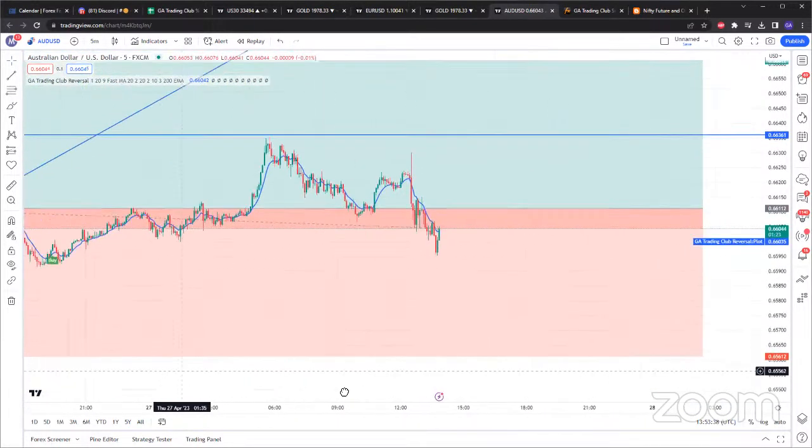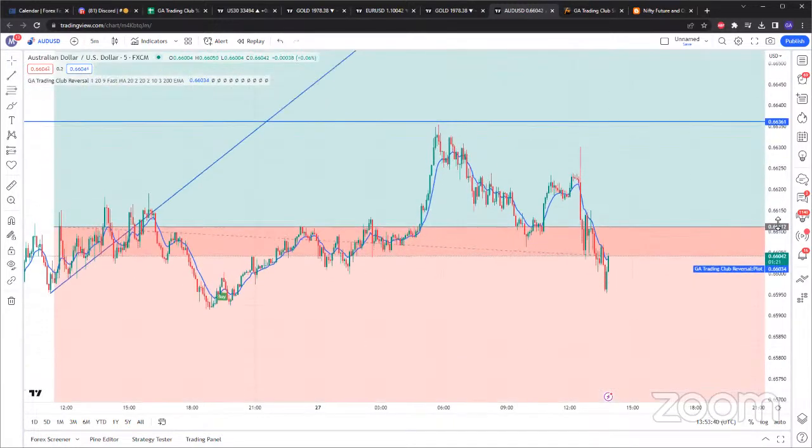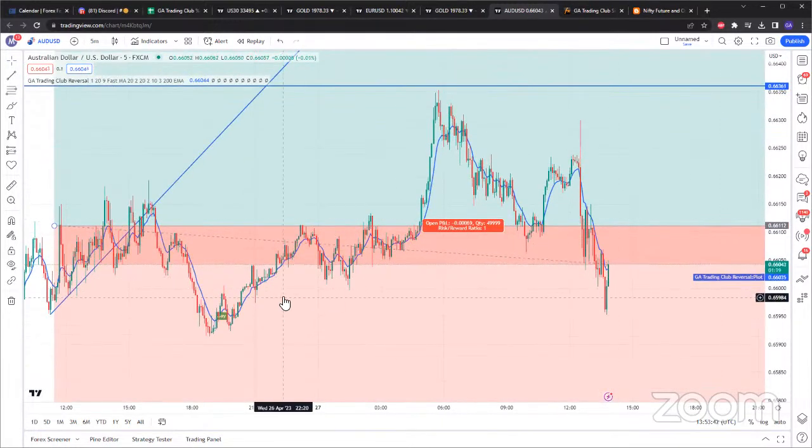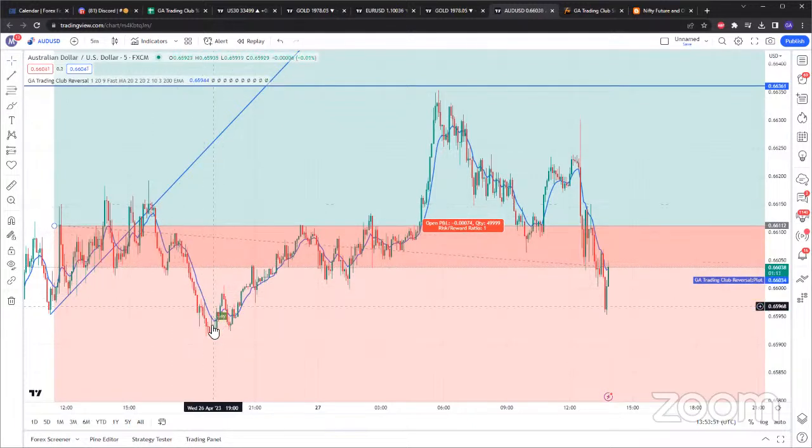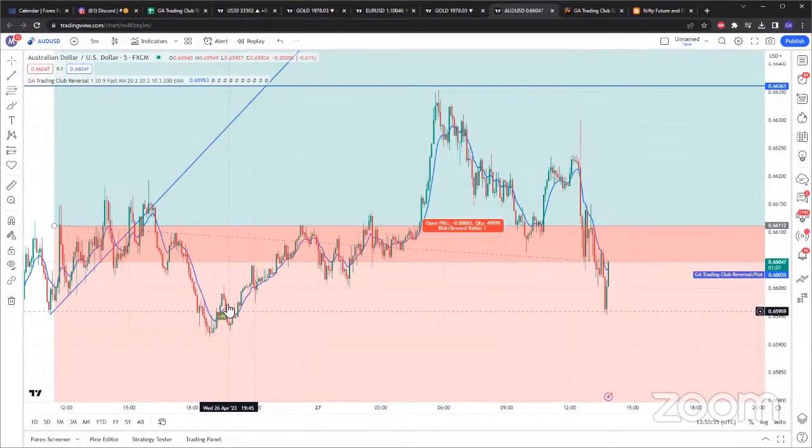So remember, this indicator trades how I would trade a reversal. That's how it's ideally coded, based on my own understanding of my own reversal strategy. Same here, right? We got this break above the 9 EMA, then some confirmation, and then we got that buy.